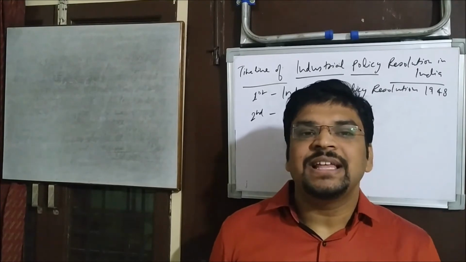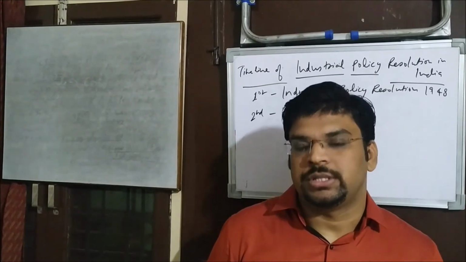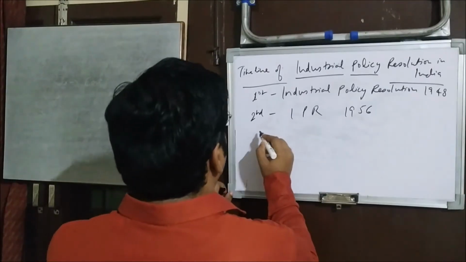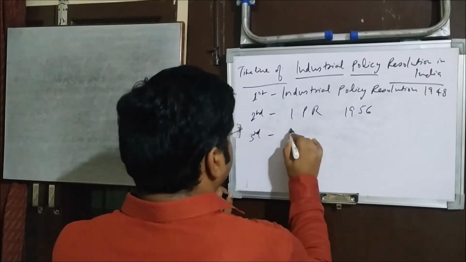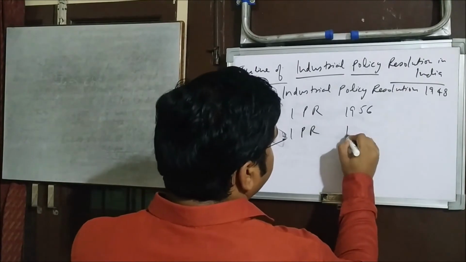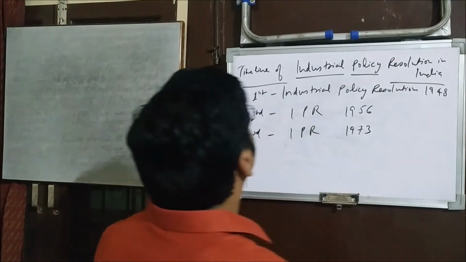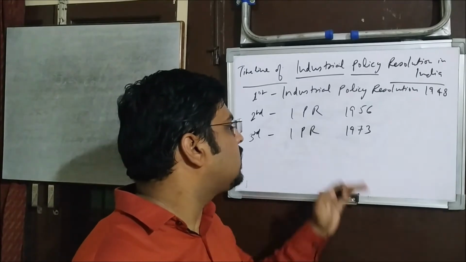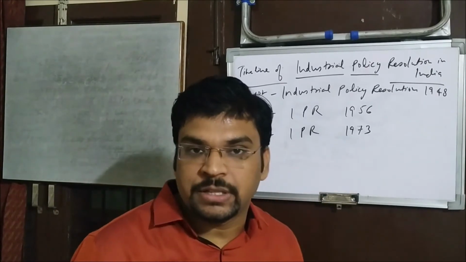So that is why they had to keep on changing their policy. Thereafter they made changes, and then they announced the third policy in 1973. They made some amendments to 1956, and after these amendments another policy was announced in 1973.